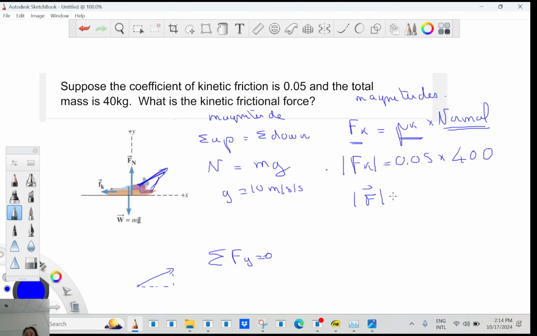Usually we do that. So that shows it's the magnitude, equals 20 Newton. Do you agree? Now, if I want to talk about the component, the x component will be minus 20 Newton because it's a vector and it's pointing to the left. So here it's only involving magnitude. Okay? Agree?